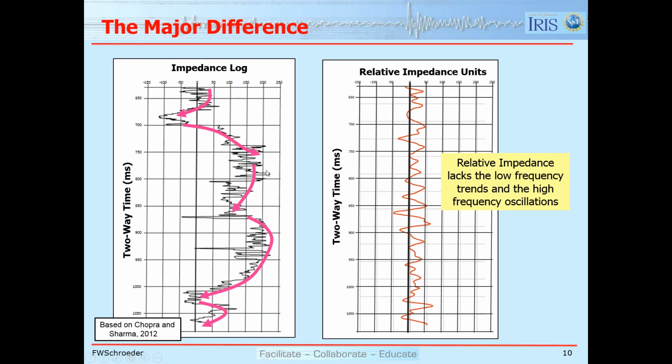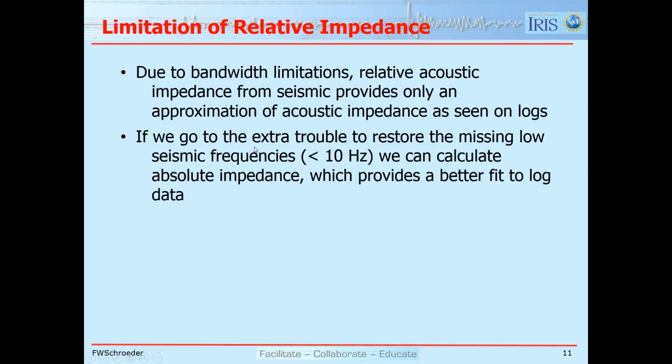We're not so much interested in the high frequency, but we would like to try to restore the low frequency information. And if we can do that, if we add in low frequency, we can get what's called absolute impedance.